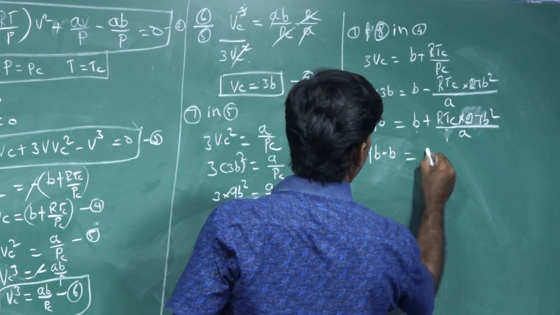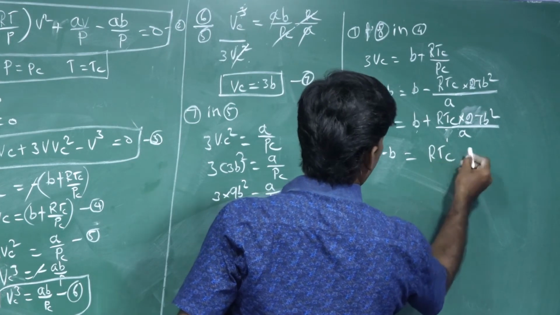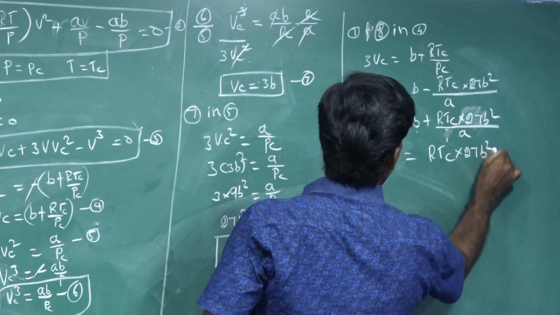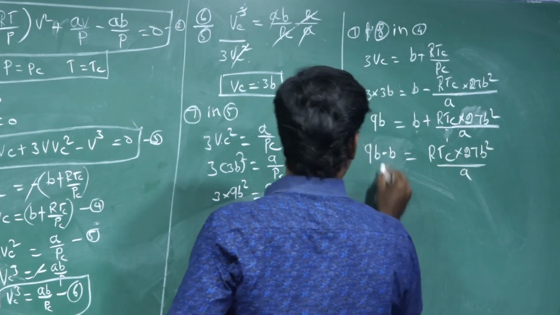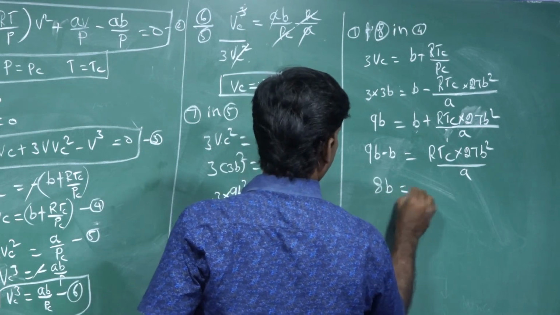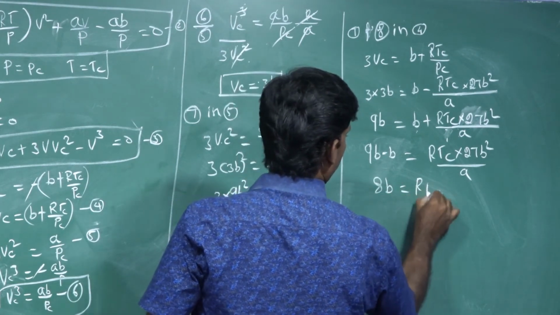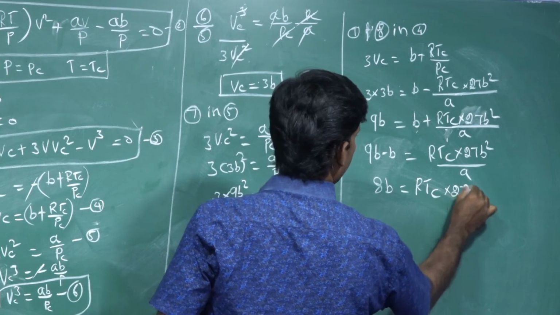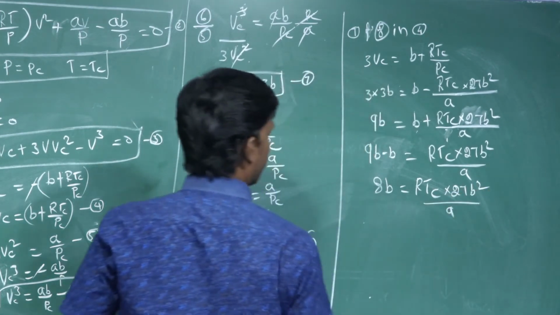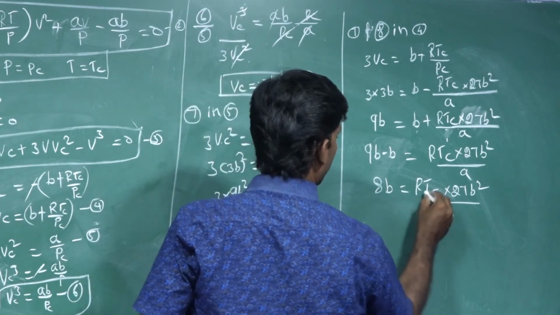You see, then RTc into 27B squared by A. So 8B equal to RTc into 27B squared by A. Now we want TC, no?